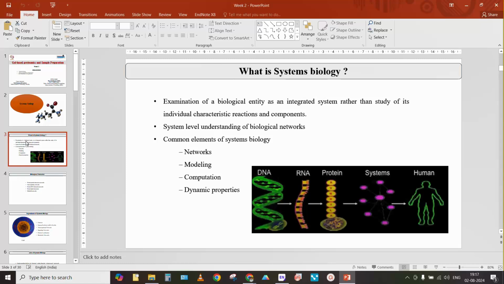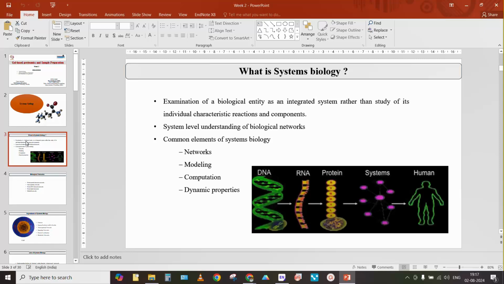So what is systems biology? Systems biology is an examination of a biological entity as an integrated system rather than the study of its individual characteristic reactions and its components. So a study of all the mechanisms underlying the complex biological processes in the form of an integrated system of many interacting components is studied under systems biology.